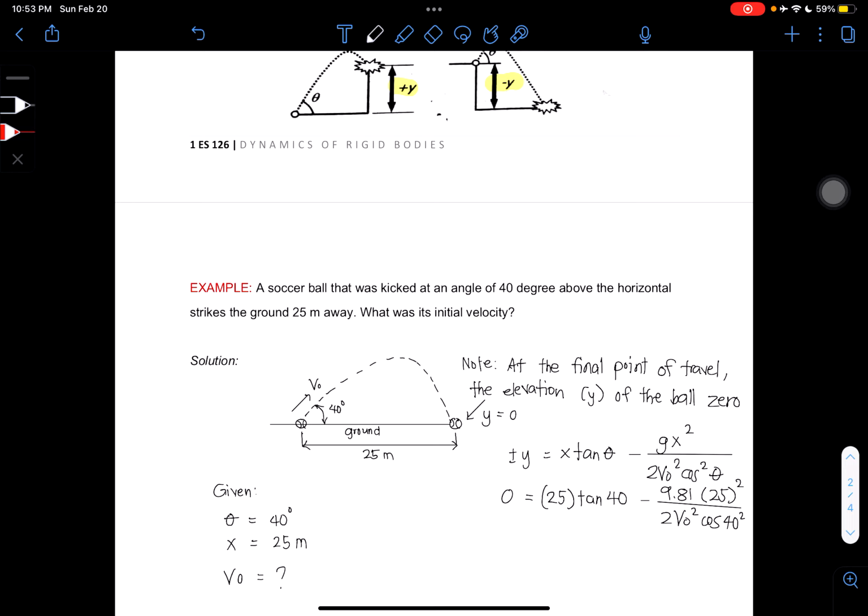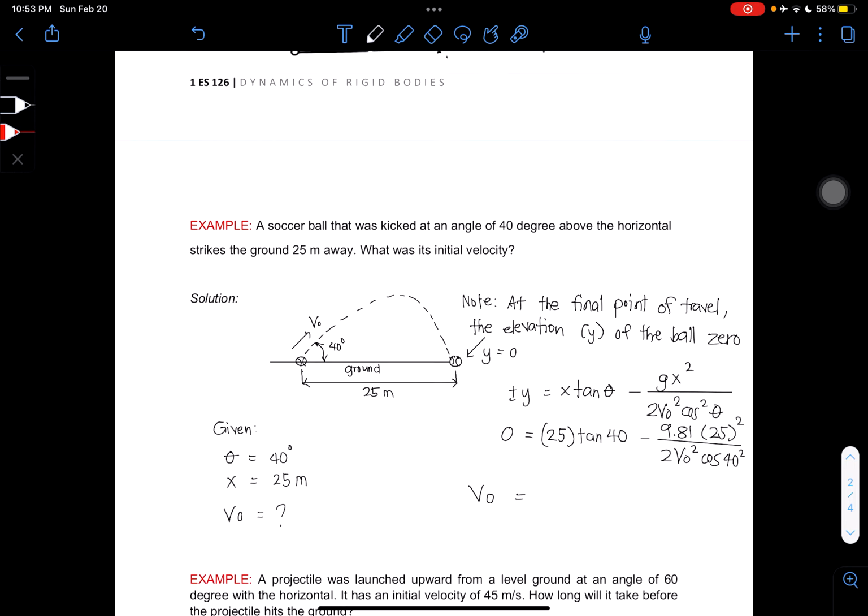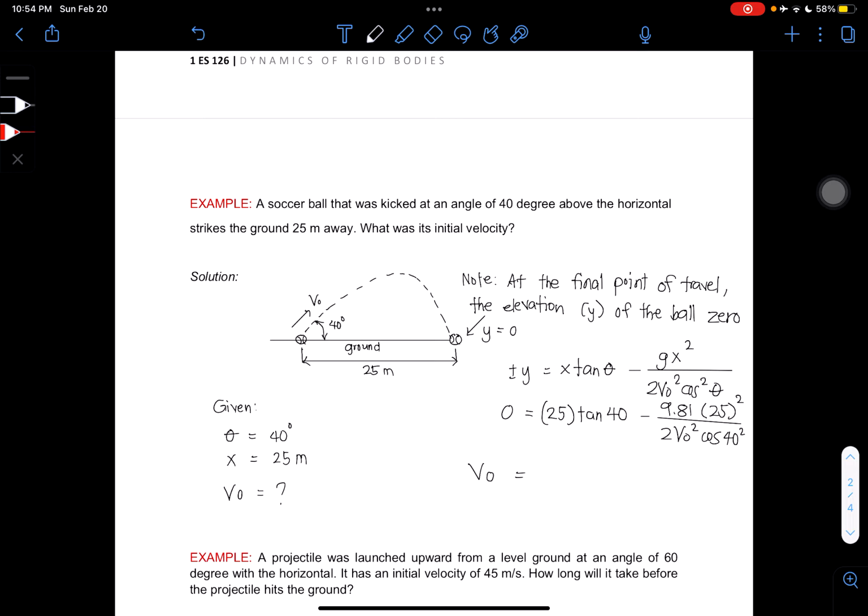So to solve for our V0, we derive. So 25 times tangent of 40 degrees, we have 20.98.